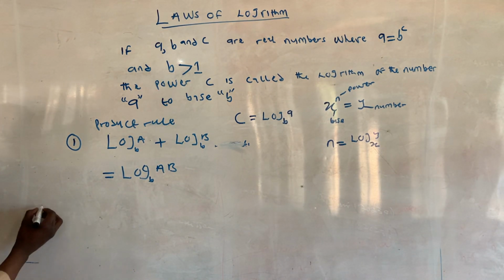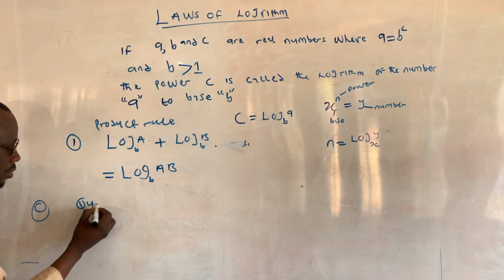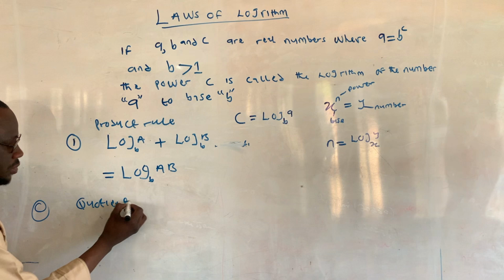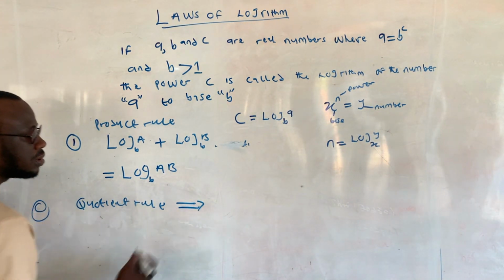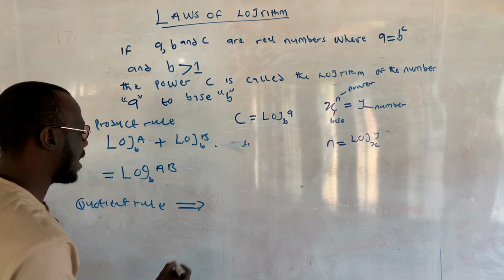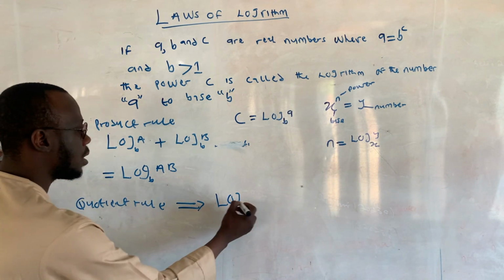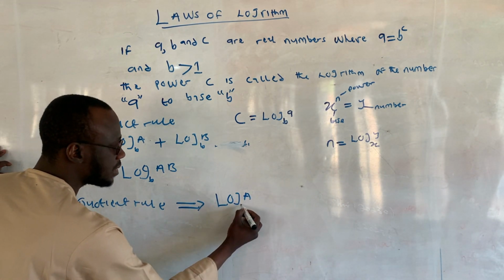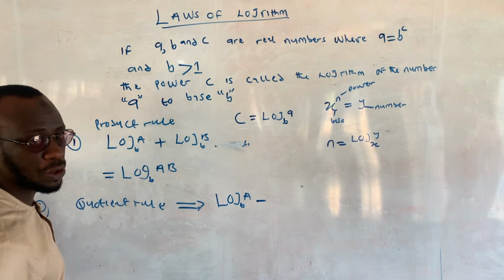Then the second rule is known as the quotient rule. This rule implies that when we have something like this, log A base B minus log B base B, please take note of the difference between the two.